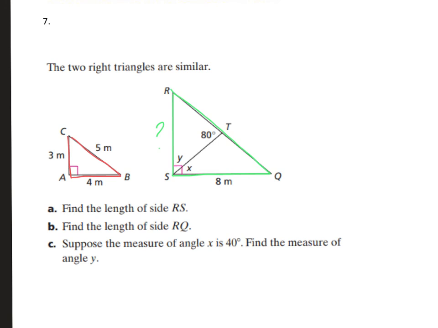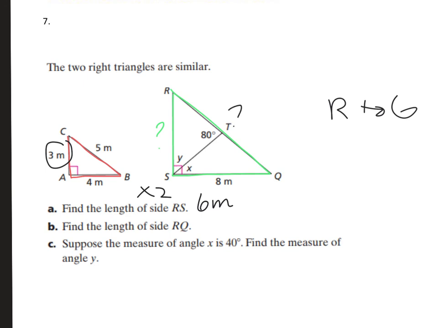So to go from red to green, it's an enlargement. So to figure out the scale factor, I do green divided by red, which is 2. So the scale factor is 2 to go from red to green. That means I have to take the corresponding side and multiply it by 2. So this is going to be 6 meters.